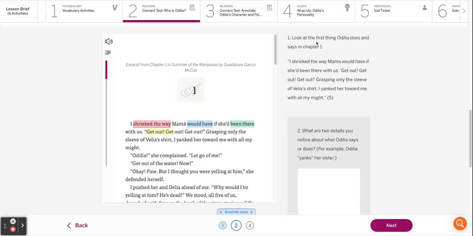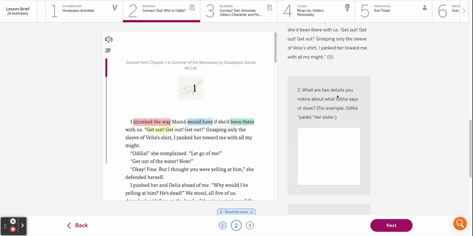So the first thing, Odilia, who is our narrator, when we use the word I, that's Odilia speaking. So we're looking at her response to seeing the dead body. What are 2 details you notice about what Odilia does or says? So, for example, she yanks her sister. That detail is an action of Odilia.